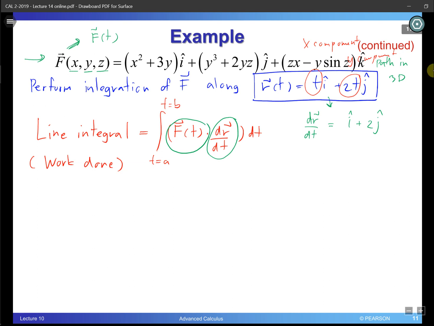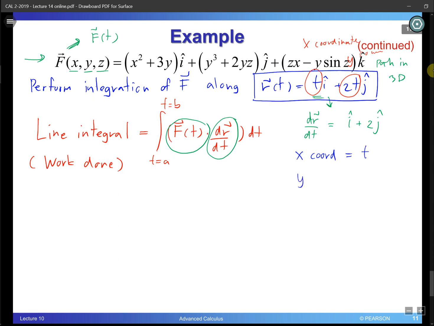Sorry, coordinate, x coordinate, and this is the y coordinate. Well, let's do a summary right here. So the x coordinate is going to be equal to the component of i in r of t, which is equal to t.